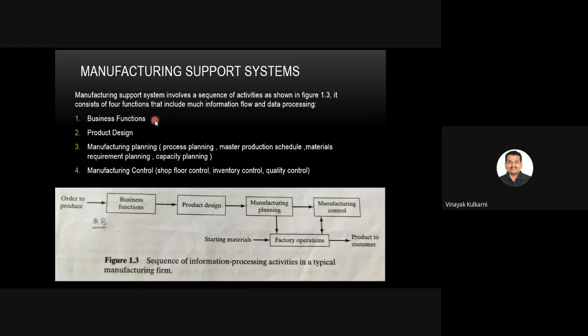So this includes sales and marketing, sales forecasting, order entry, and customer billing. The forecasting is very important. I'll just tell you one example. There is a company called Delhi Flour Mills. They produce the powder required for... in the summer season, with the hot summer afternoon, no one is going to buy.